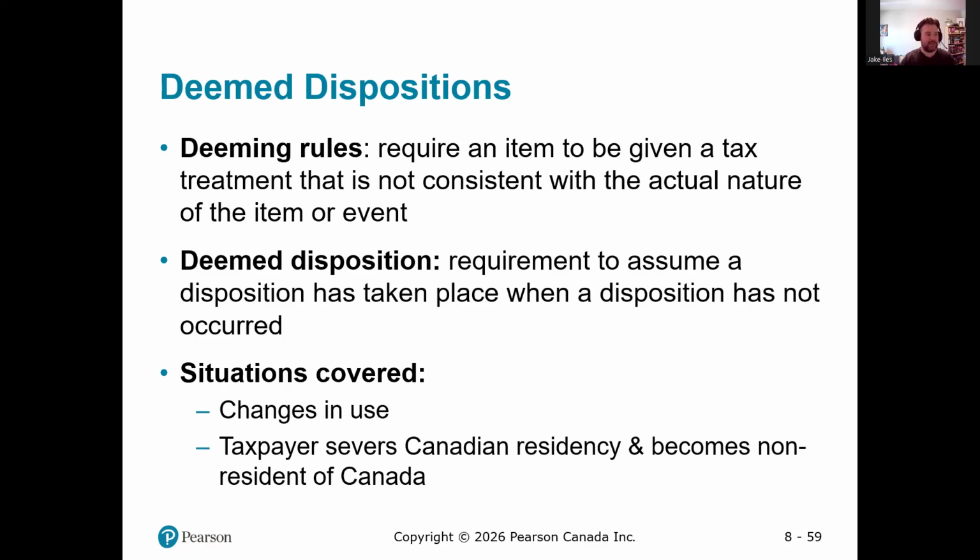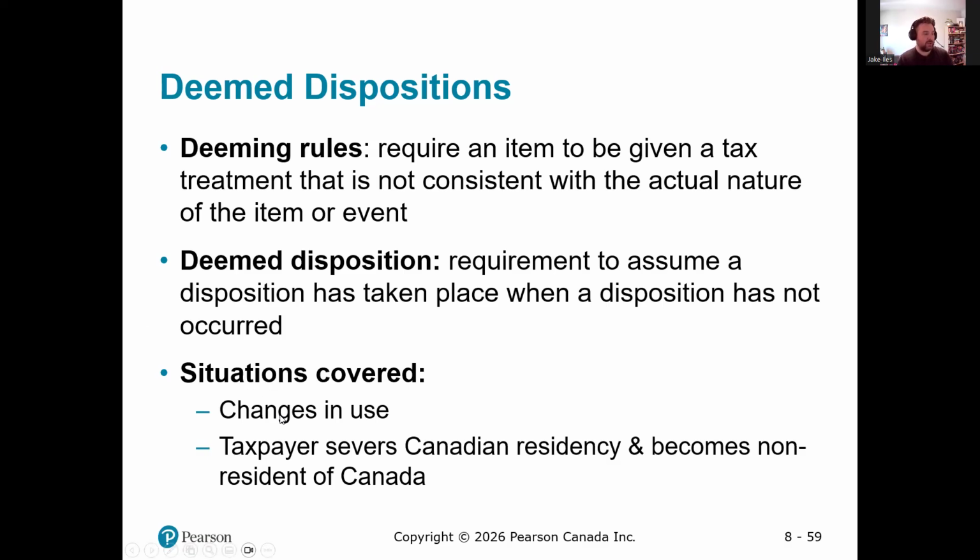Its treatment has changed. A deemed disposition requires us to assume a disposition has taken place when a disposition has not occurred. So I gave it to my business, but no one exchanged money. I moved out of my house, but I still own it. No transaction took place. But we have to deem a transaction took place so that we can do the math for the change in value.